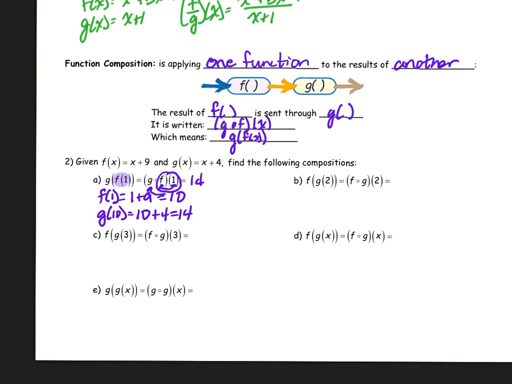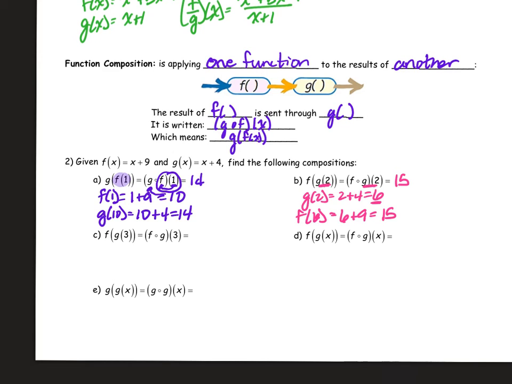Okay, let's try this again at B. So the first thing I'm going to find is g of 2 right there. So g of 2. So that's 2 plus 4, which is 6. And then I'm going to find f of 6. Okay? I'm going to replace that g of 2 with a 6. So that would be 6 plus 9, which is 15.